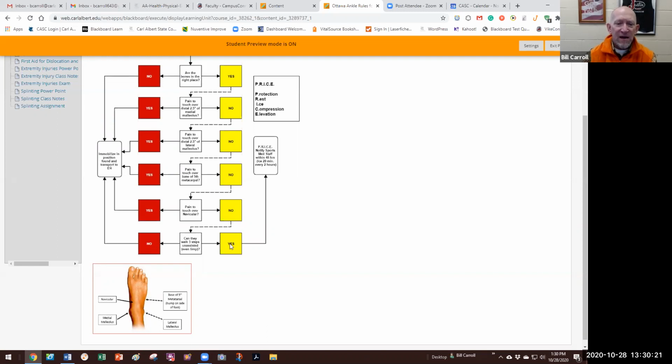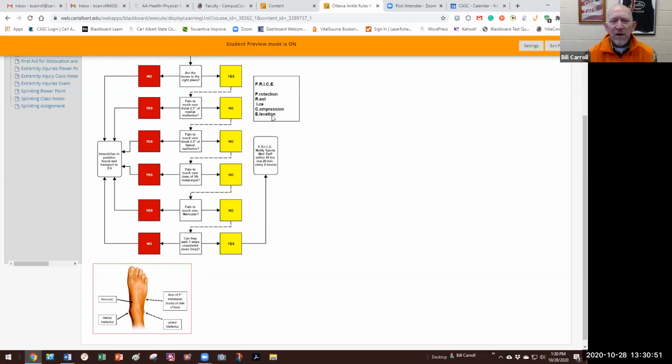If they can, then the treatment for this is PRICE, P-R-I-C-E. P stands for protection, R for rest, I for ice, C for compression, E for elevation. With the compression, what we typically use are the elastic bandages that we've covered in a previous learning module, aka ACE wraps.